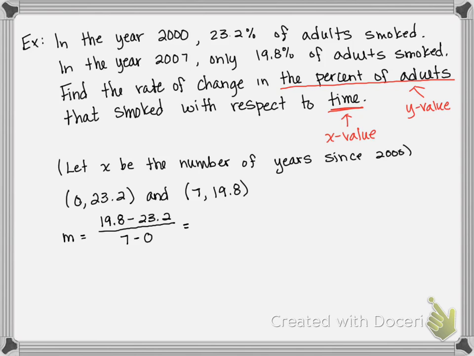What is that? 12 minus 8 is 4, 12 minus 9 is 3, so negative 3.4 over 7. The units in my numerator are percent, and the units in my denominator are years.